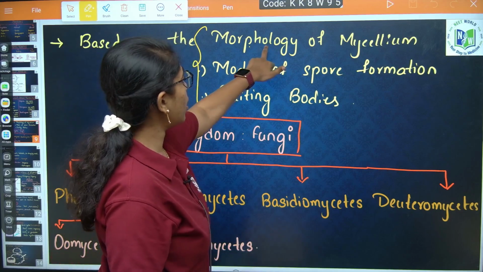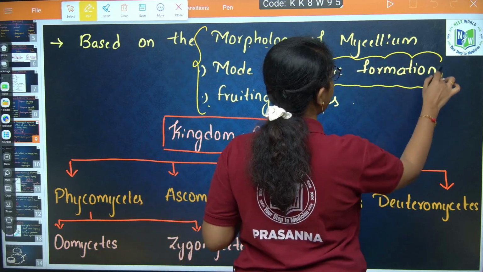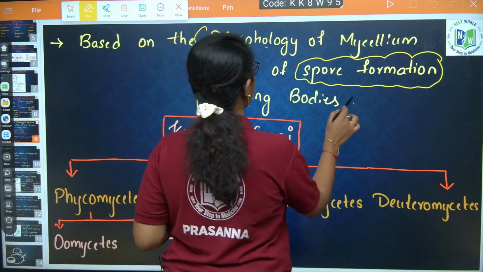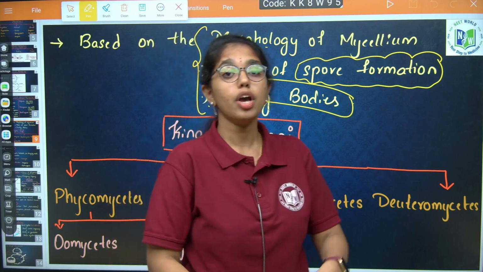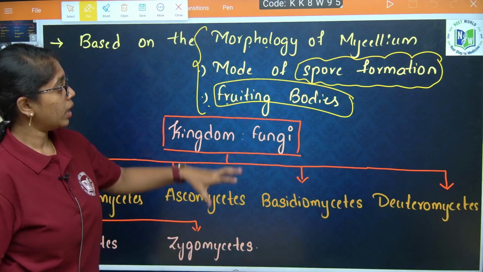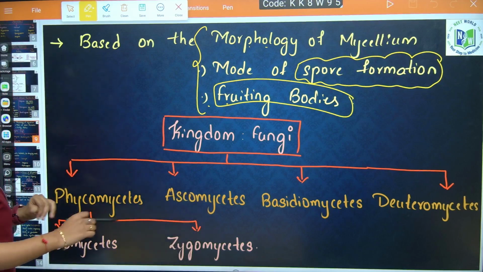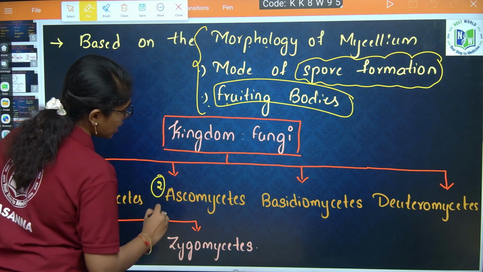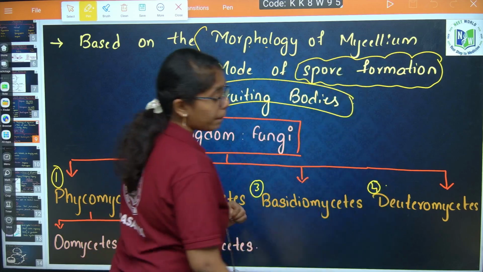Based on that morphology and spore formation, we have just learnt the different types of spores for asexual and sexual, and how fruiting bodies are formed, a few by fusion, that is sexual reproduction, a few without fusion by mitosis, that is asexual reproduction. Keeping all these criteria in mind, fungi are classified into 4 classes. One is Phycomycetes, then Ascomycetes, third is Basidiomycetes, fourth is Deuteromycetes.